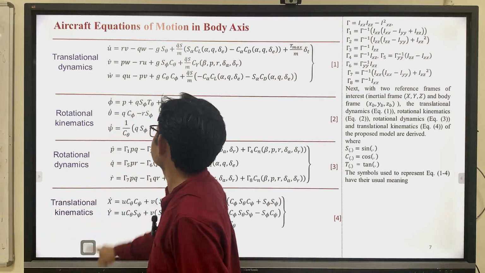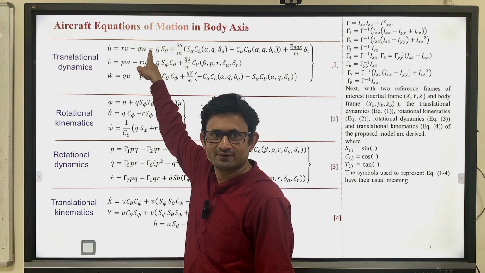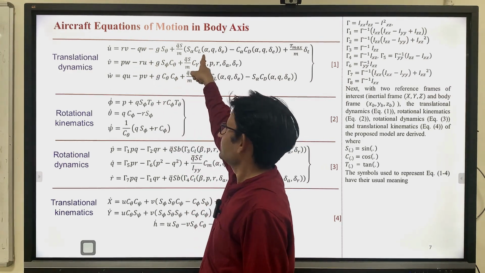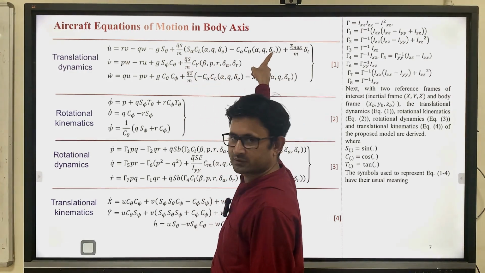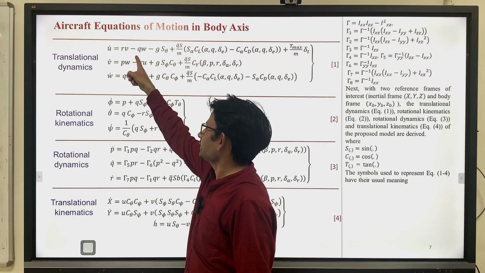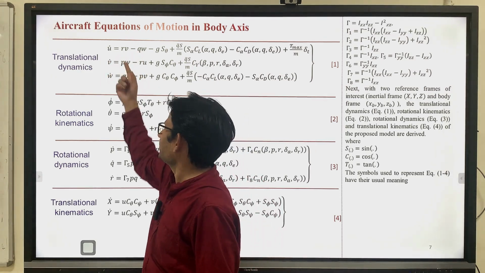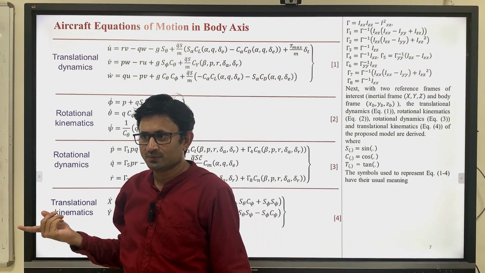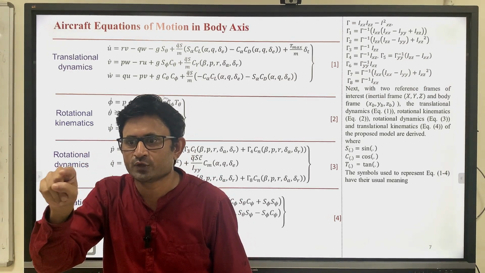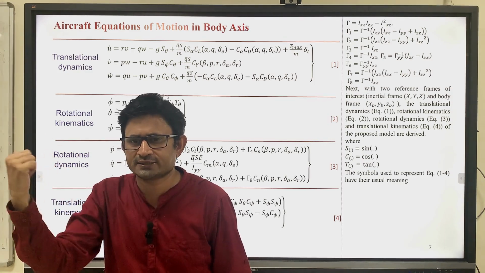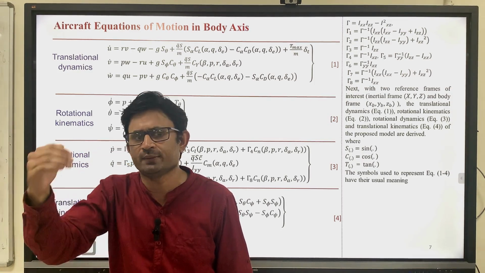You see this gravitational force, g sin theta, added, aerodynamic force added, propulsive force added. But how is this gentleman coming, Rv minus Qw? You write F equal to ma. That means F equal to m v dot. In x direction, I can write Fx equal to m u dot.